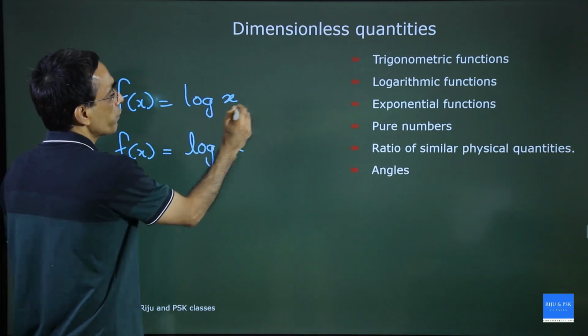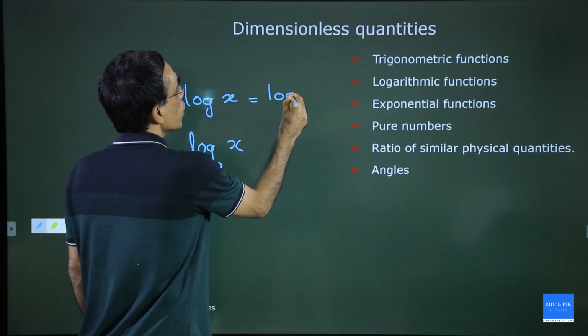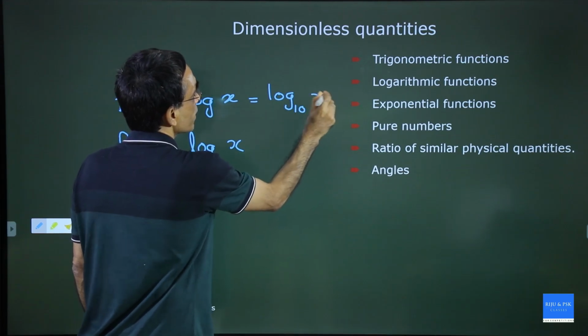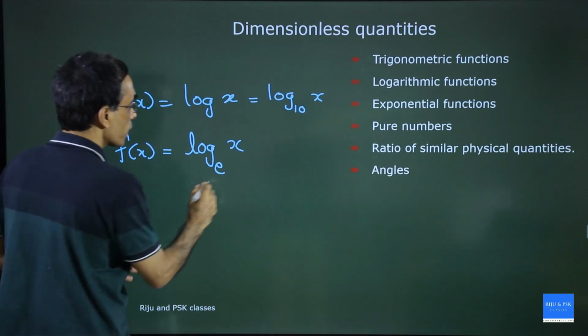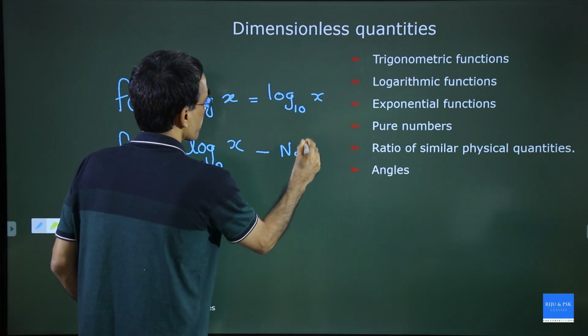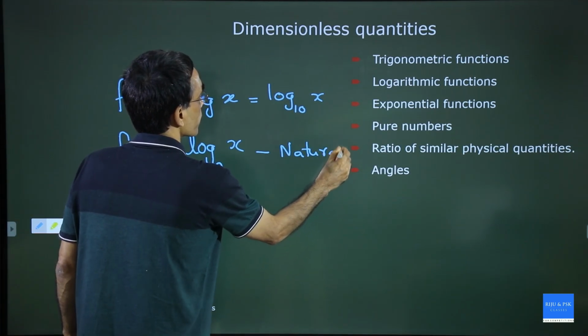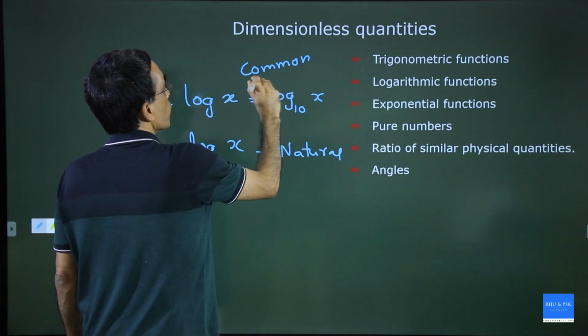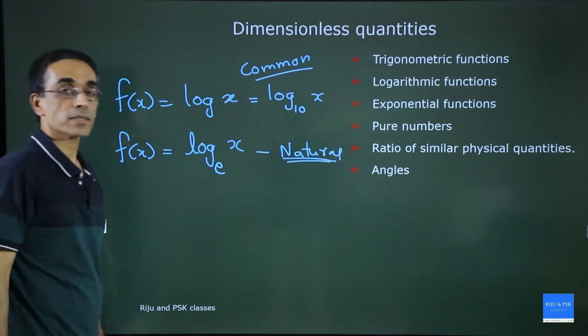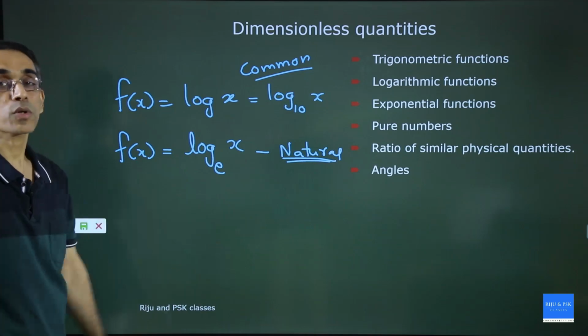This is ln x. This other one means log base 10 of x. These are the two types of logarithm in mathematics. This is called natural logarithm. This is called common logarithm. Of course, in your mathematics classes you will be taught about natural and common logarithms.